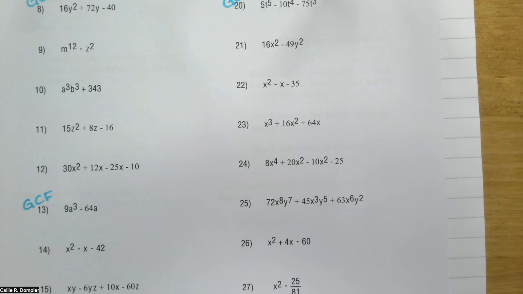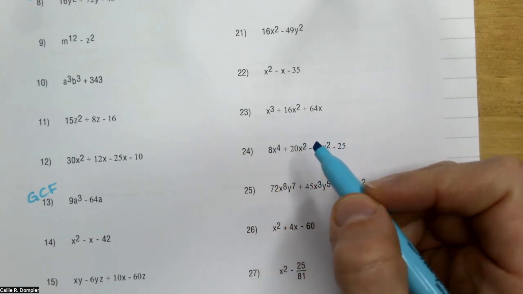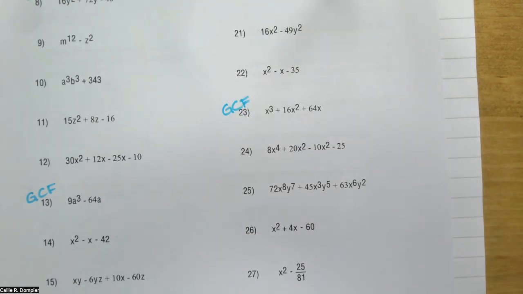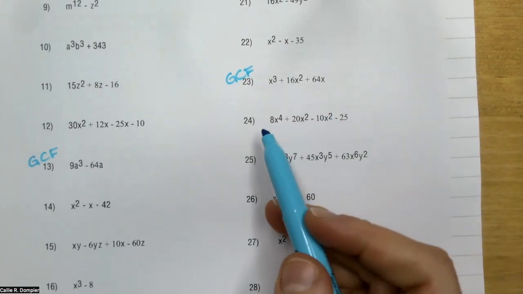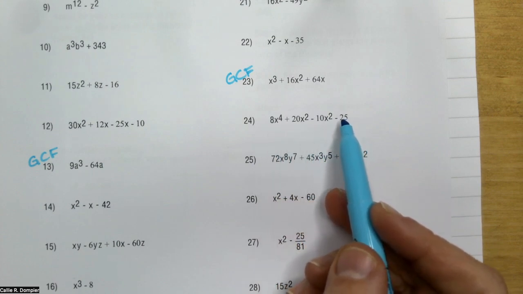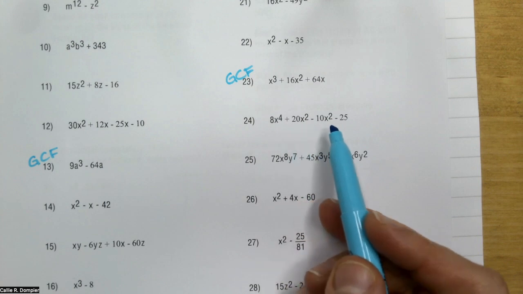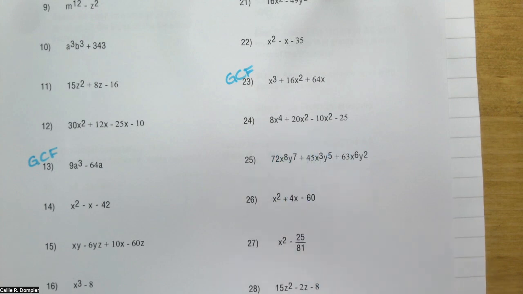22, x squared minus x minus 35. I can't divide anything out of that one. 23, x cubed plus 16x squared plus 64x. I can take out an x, right? Here, I cannot take anything out because 25 is not an even number, so there's no common factor between the numbers, and 25 doesn't have an x either.